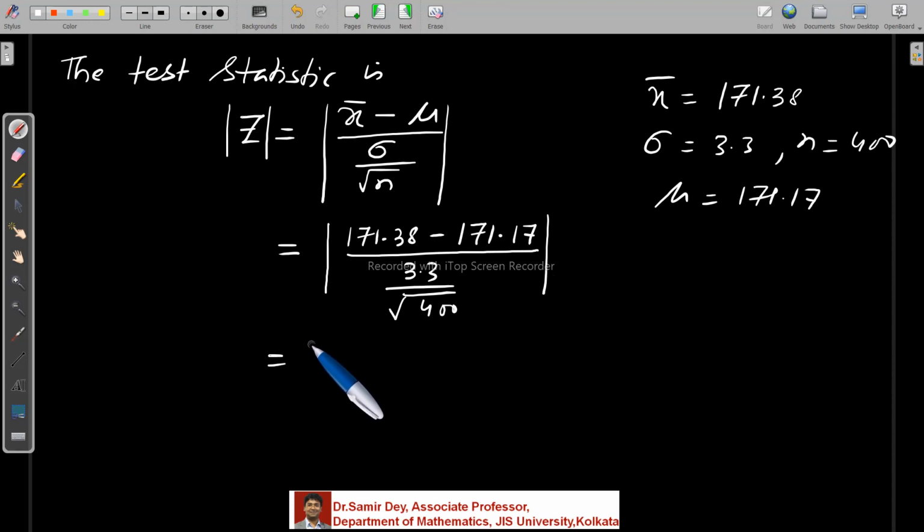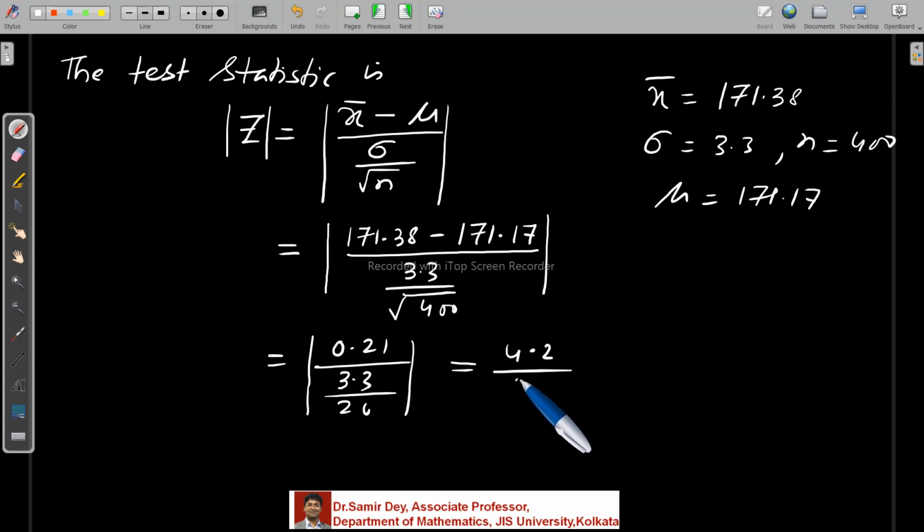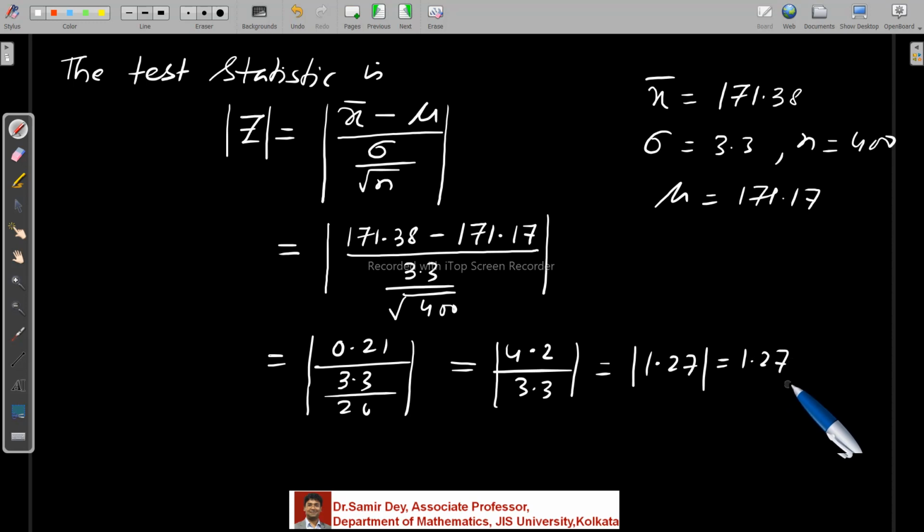So it is coming 0.21, and here it is coming 3.3 by 20. Please check carefully. So ultimately it is coming 4.2 by 3.3. So your result is coming mod value 1.27. Okay, is equals to 1.27.